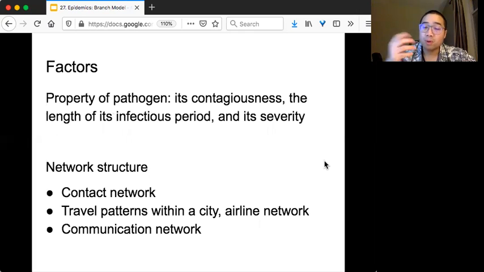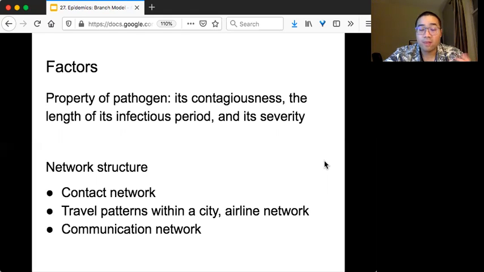And there are multiple factors in this kind of epidemic. First, it depends on the property of the virus, or more formally called a pathogen. For example, whether it's highly contagious: COVID or measles is really highly contagious, but other diseases are not as much.